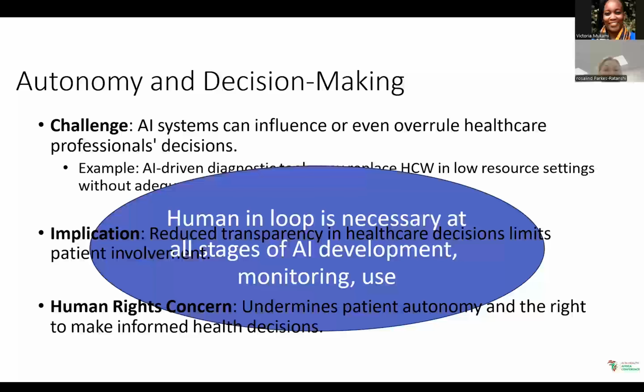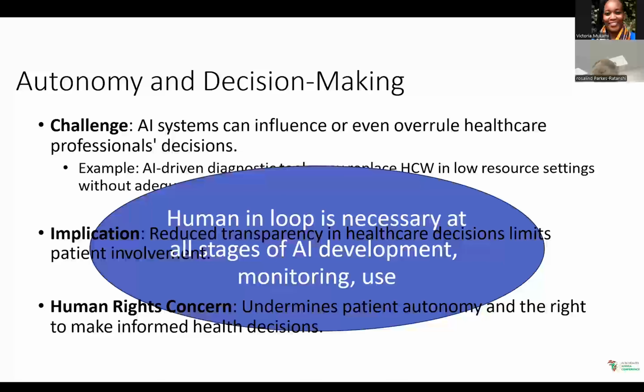And the concern is that if there isn't transparency in healthcare decisions, who is taking the ultimate responsibility? It always should be a clinician, because clinicians are the responsible body. If the AI takes the responsibility, what happens if some harm comes to somebody?